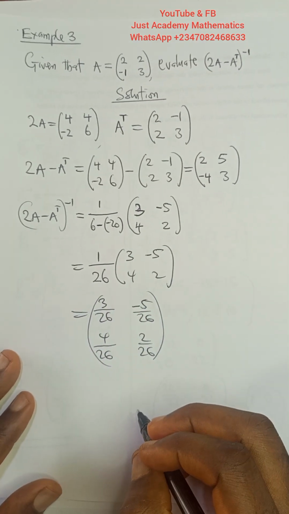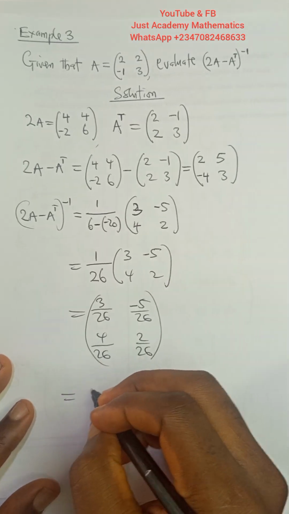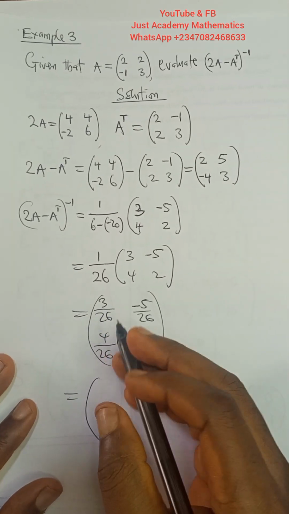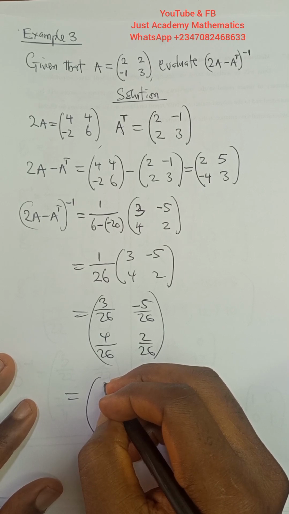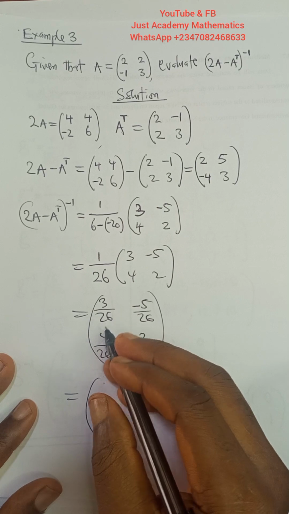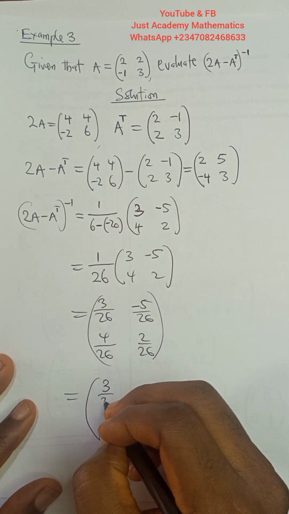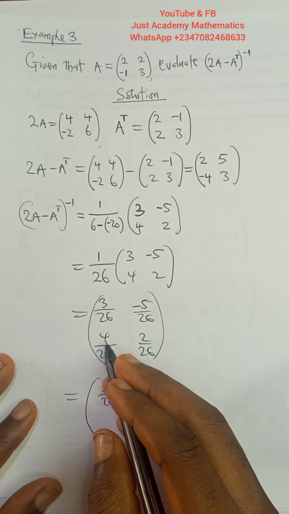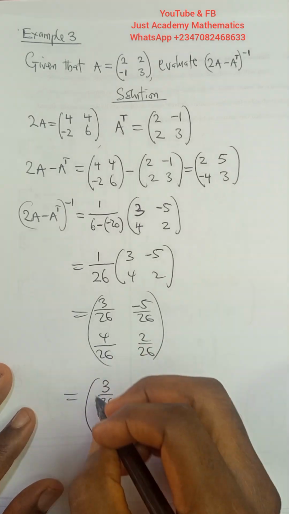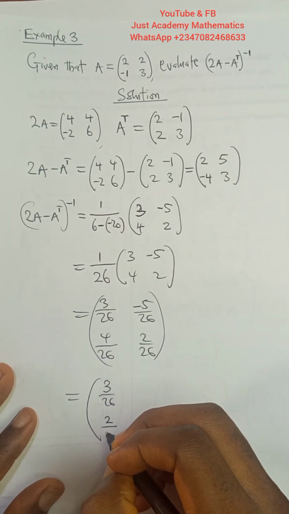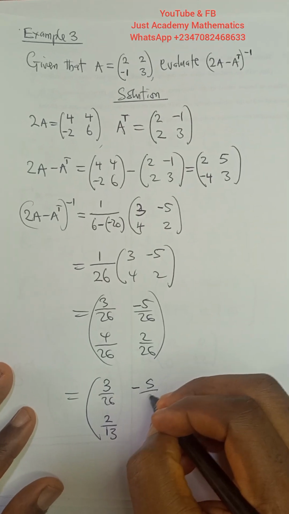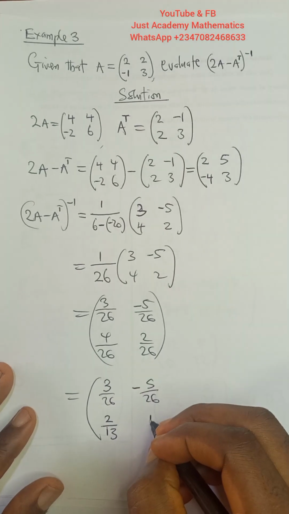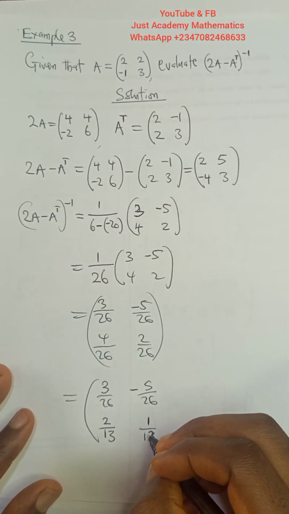Since 3 cannot go into 26, we'll retain it as 3 over 26. 4 over 26, only 2 can go, so we have 2 over 13. Here remains 5 over 26, and here remains 1 over what? 13.